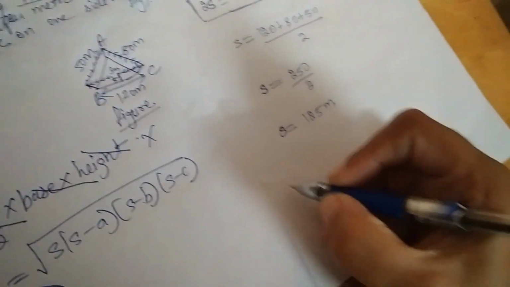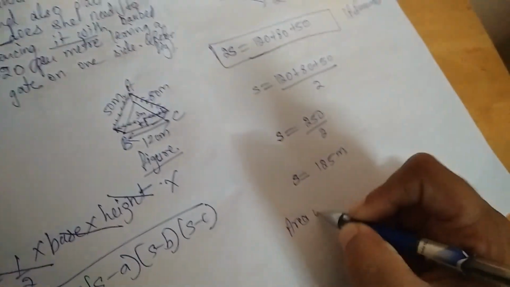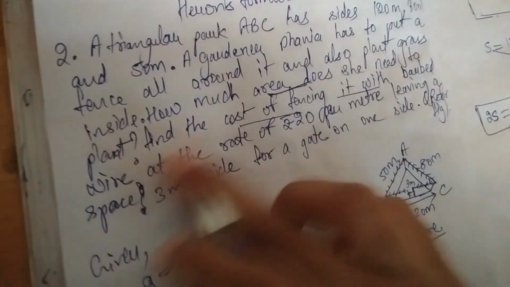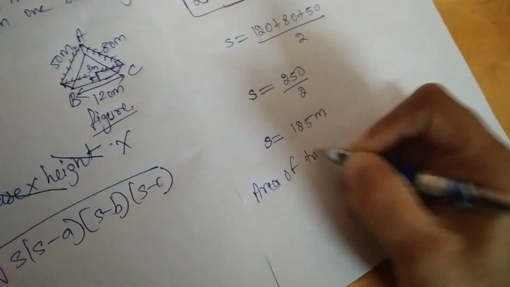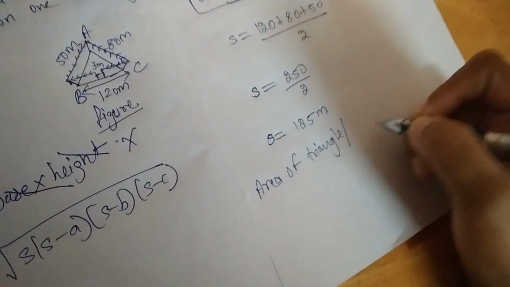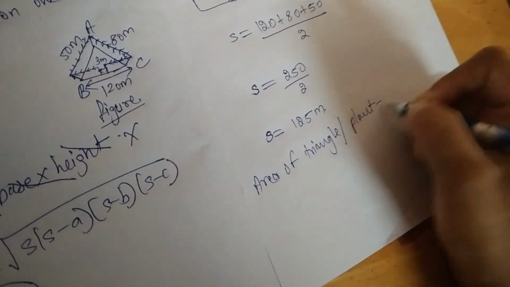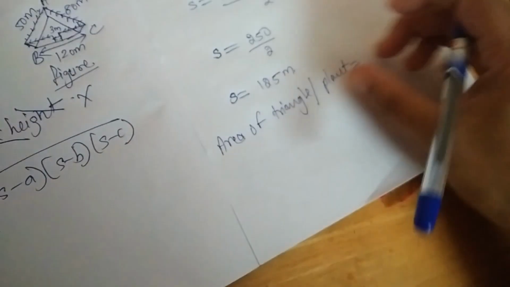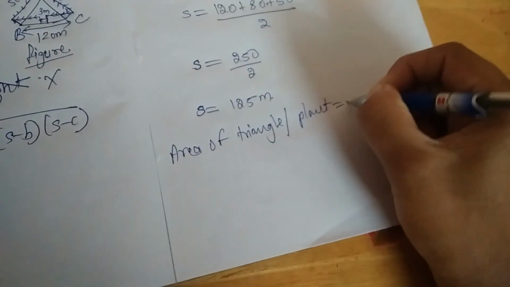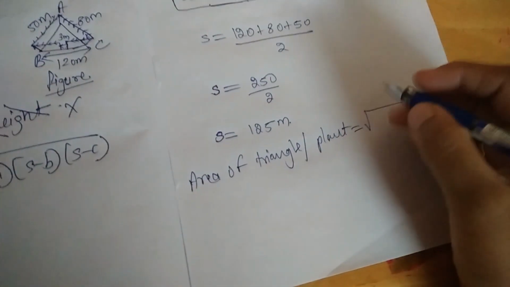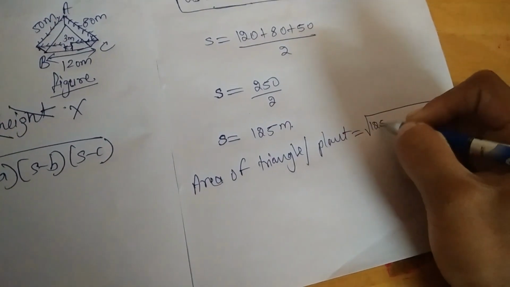You can directly write area of plant or area of triangle. I'm going to write area of triangle. Both are correct, significant to the question.